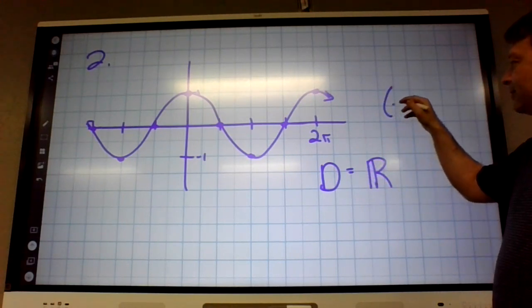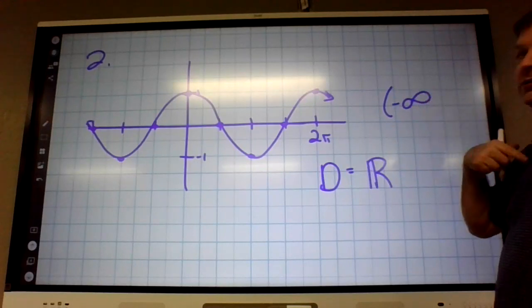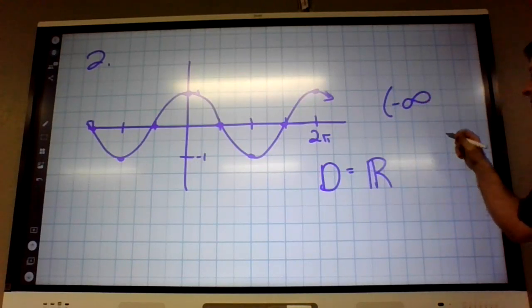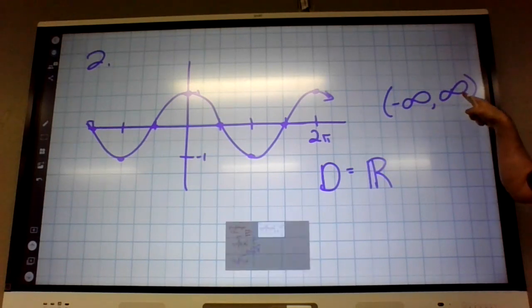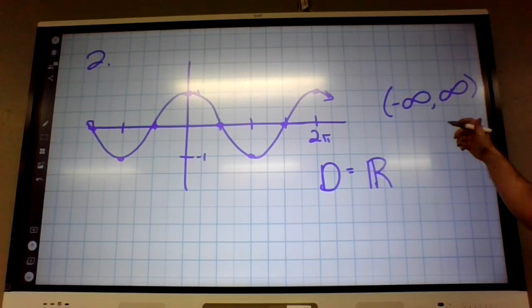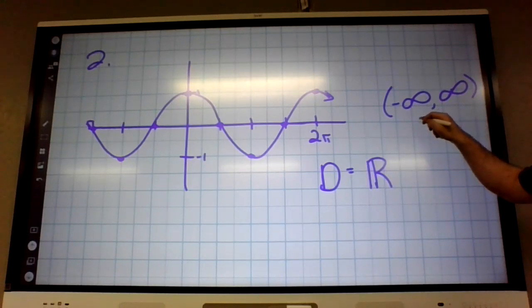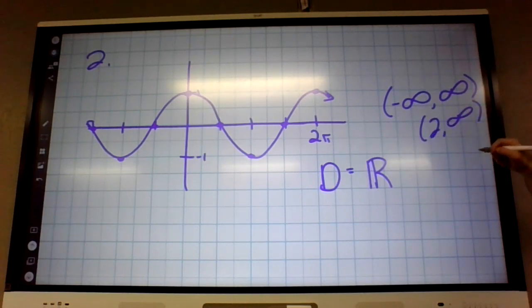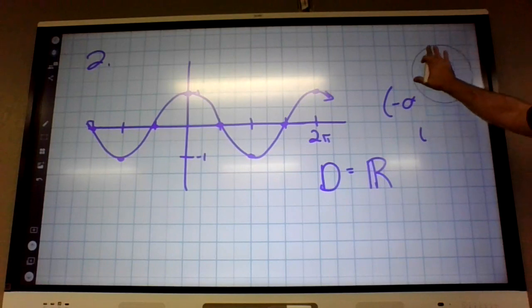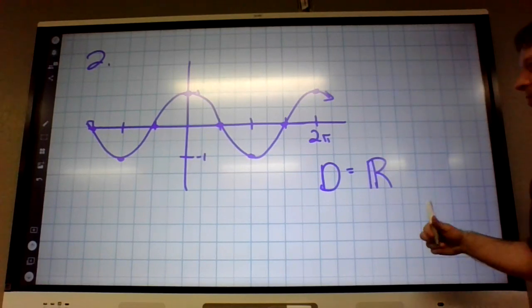I didn't use this, and I don't think Bartlesville uses it. I used something like this when I learned it. This means from negative infinity to positive infinity. That means everything. Or if you want to say bigger than 2, you would write 2 to infinity, like that. Anyways, so if you guys see that in college or something.